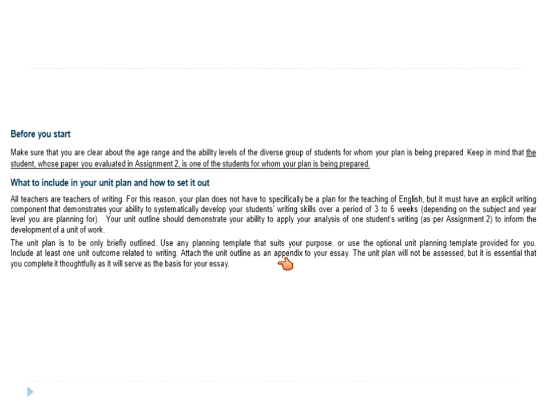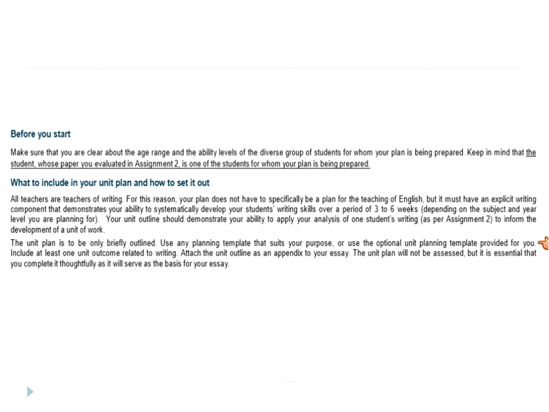Okay, so you can use any planning template that suits your purpose. You might already have a lesson plan there that you can critique. You can use the optional unit planning template provided for you.